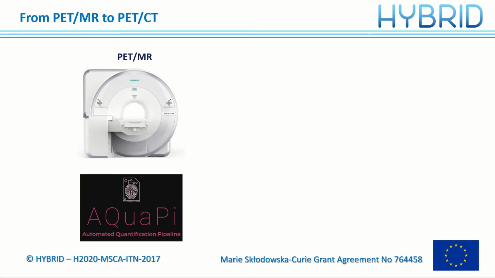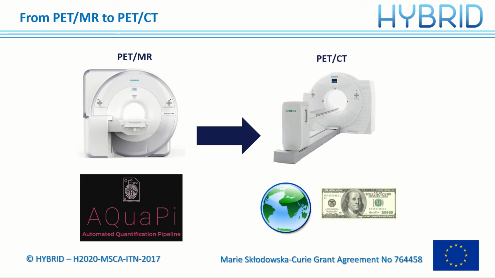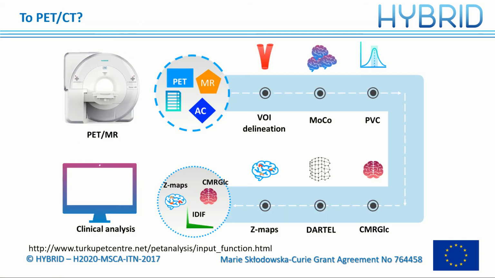Aqua was developed for an integrated PET-MR system, but it would be more valuable if we translate this pipeline to a PET-CT, which is more widespread and less expensive than PET-MR. To perform non-invasive absolute quantification, we need first to extract the image-derived input function.